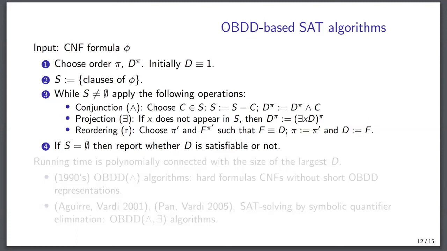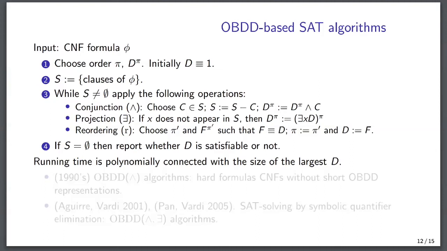Just apply the values of the variables to that OBDD, and we will get an OBDD with only one variable, and it's easy to find its correct value. The running time of such algorithms is polynomially connected with the size of the largest representation of D. Also, this algorithm depends on heuristics, how to choose clauses and which operations to apply. I ignore that; this also may take time.